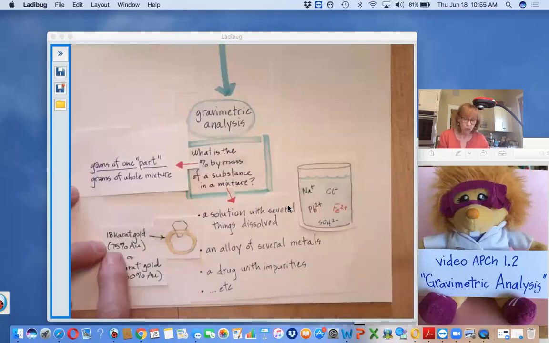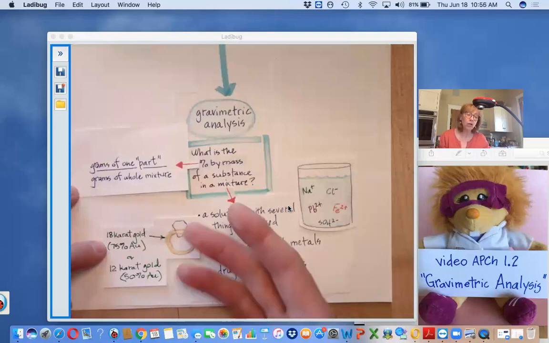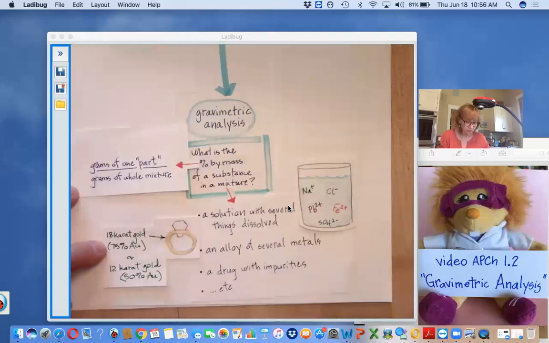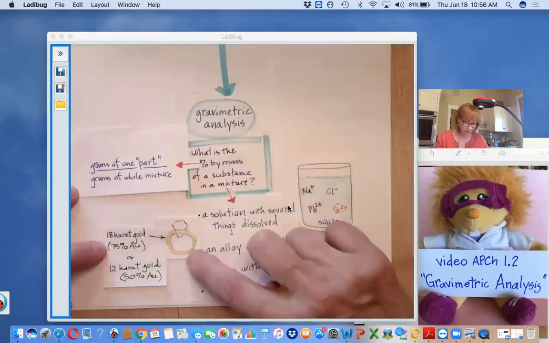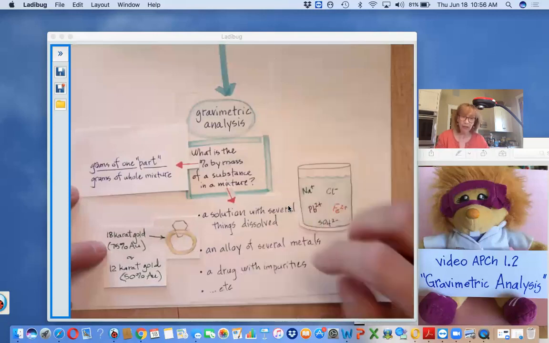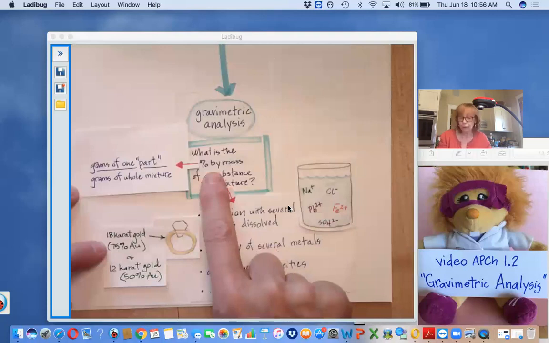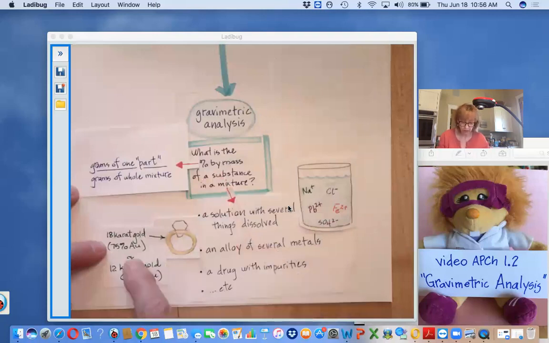So 18-karat gold is actually 75% gold atoms, and the other 25% is made up of other metals, perhaps silver or copper or zinc. And in 12-karat gold, the percentage of gold atoms is even less. So gravimetric analysis would allow you to take a sample of that alloy and determine the percent by mass of, for instance, the gold part.